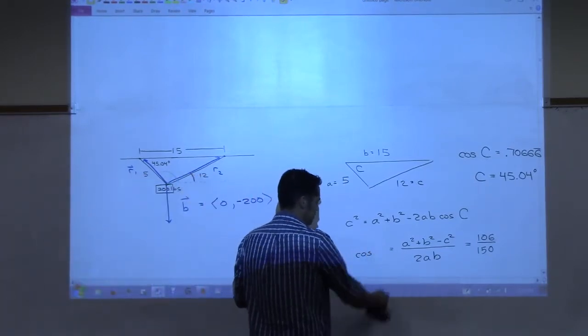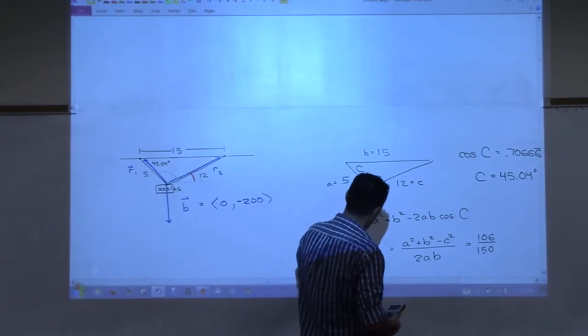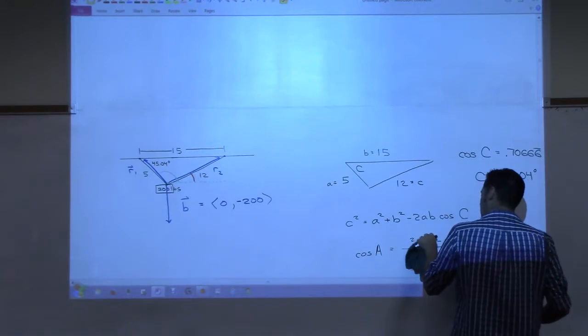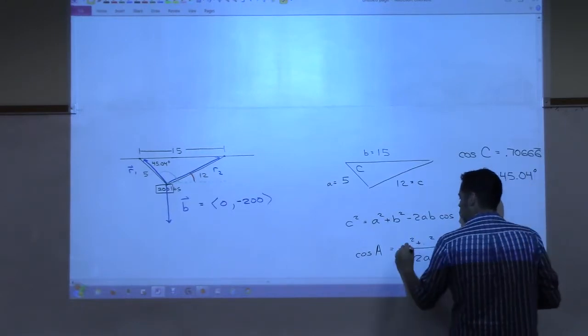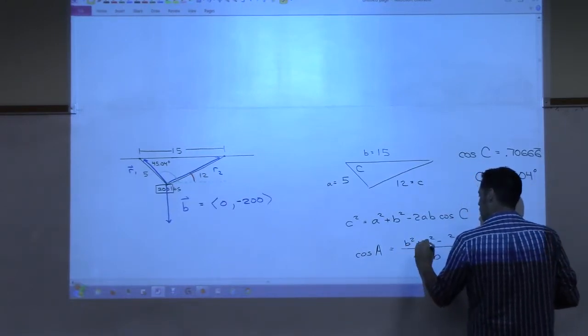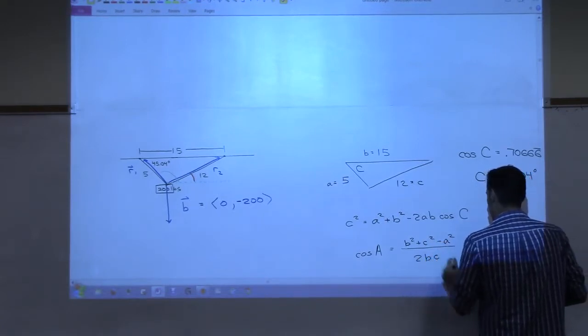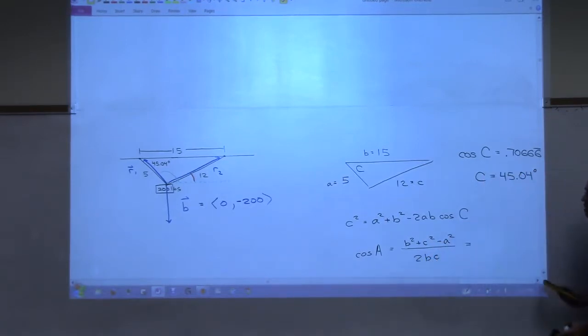I'm going to change this to A, which changes everything here. Cosine A equals b squared plus c squared minus a squared, and then on the bottom, 2bc. And if I do that, then I should be able to get my cosine A. So b squared, 15 squared, plus 12 squared, minus 5 squared.